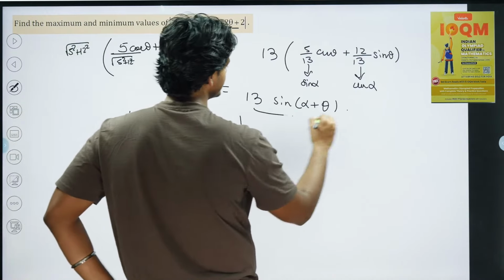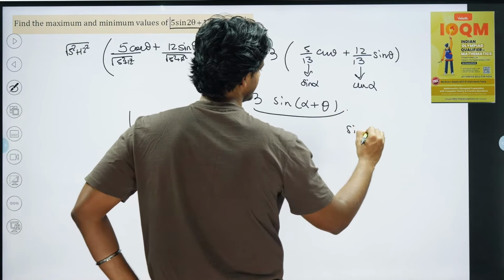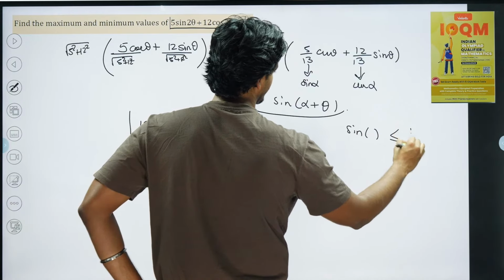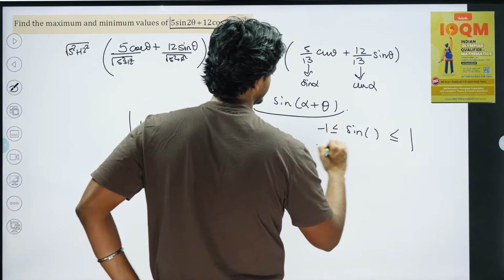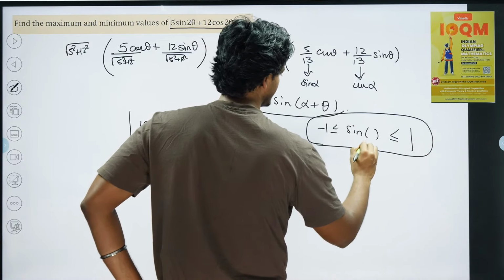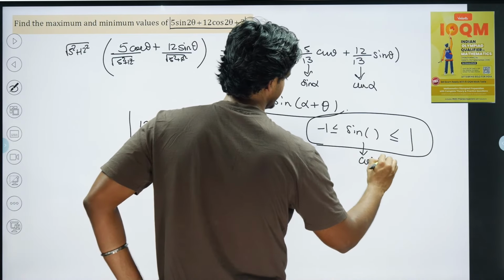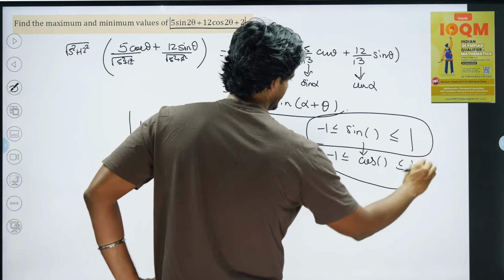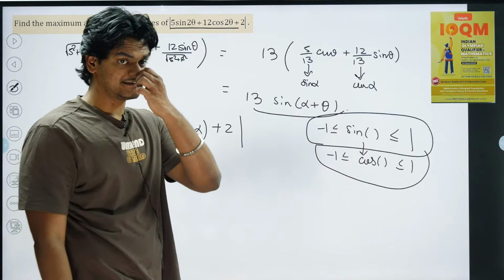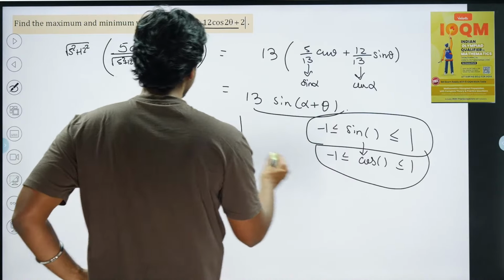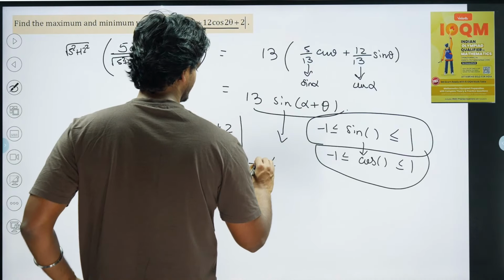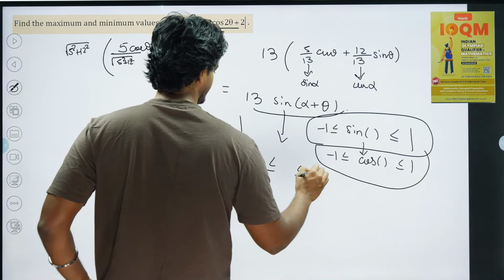And when you see this expression, sine of anything always is less than or equal to 1, greater than or equal to -1. It is always between, that may be sine, that may be cos. Cos is always between 1 and -1, because we saw that in a unit circle, that's how it behaves. That means this will always be between -13 and 13.